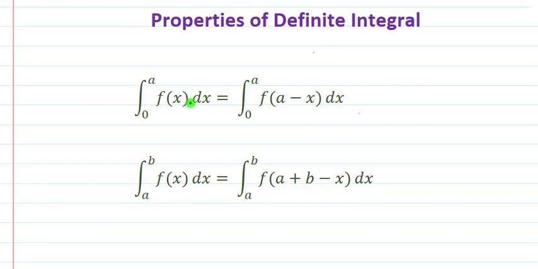Now using the same property, if the limit is from a to b of the function f(x) dx, then its integration can also be written with the same limit, a to b, and f(x) can be changed into f(a plus b minus x) dx. This is not a different property. It is the same property we discussed in the previous video, so it can also be used in this way.